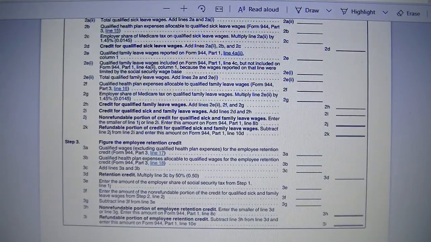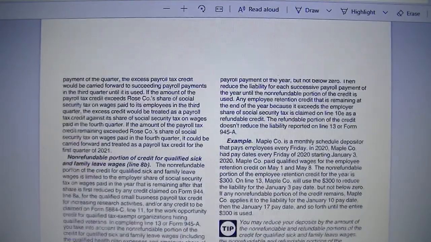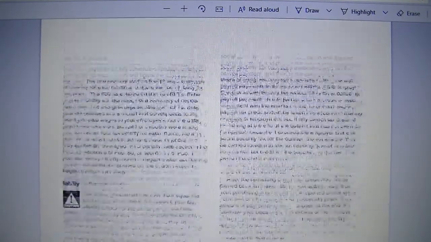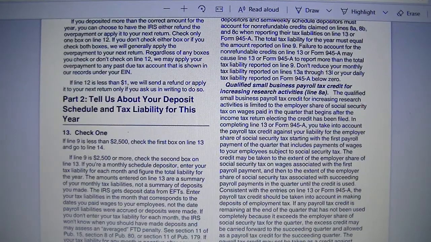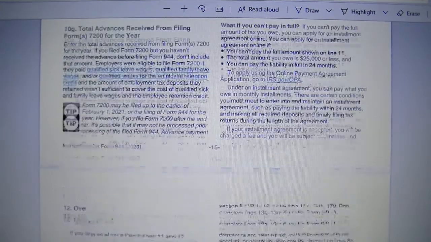If during the pandemic you got a small business loan for employee retention, and you have not paid it back, you could not claim that credit.